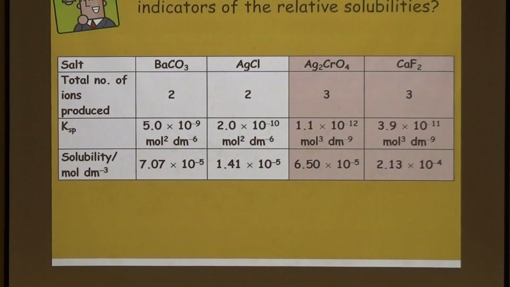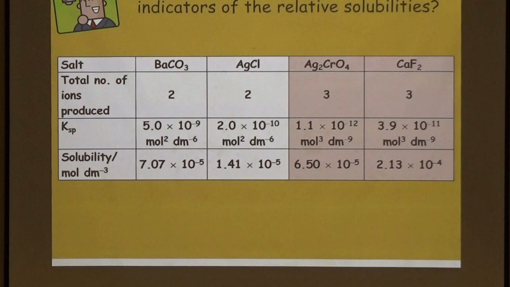If you look at the ions, the ones in white have the same number of ions. When it has the same number of ions, you can sort of tell whether something is more soluble based on the KSP.